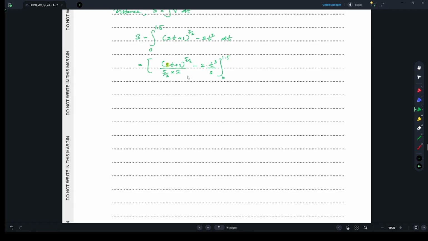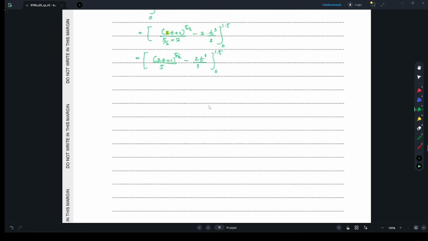Okay, so I'm going to simplify a little bit here. So we will have (2t plus 1) to the power 5 over 2, the divide by 2 cancels, divided by 5, minus 2 t cubed over 3, from 0 to 1.5. Right.